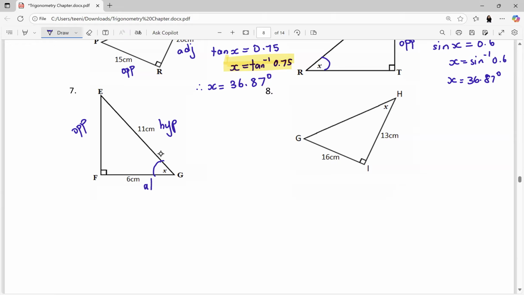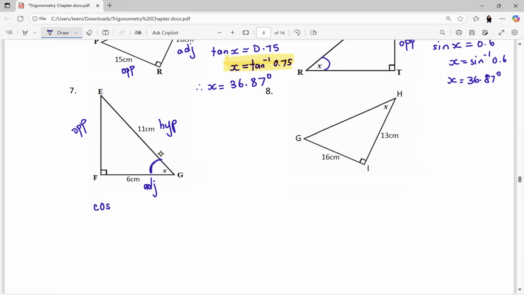Yeah, right? The reason EF is the opposite is because it's opposite this angle here, which is our angle of interest or our angle of reference. So the opposite is always the side opposite to the angle of reference. Okay, Soraya, so we are given the adjacent and the hypotenuse. Which ratio uses the adjacent and the hypotenuse? Cos. Correct.